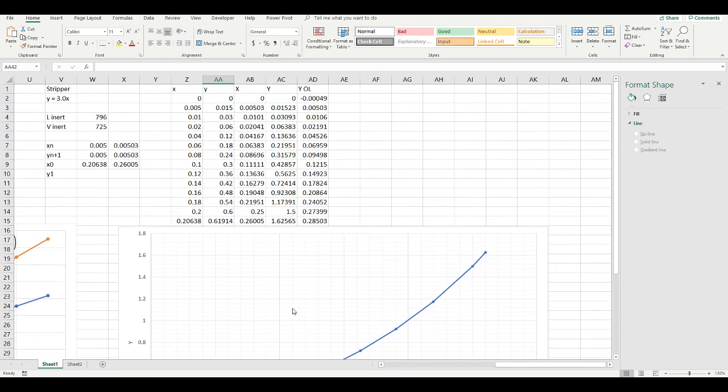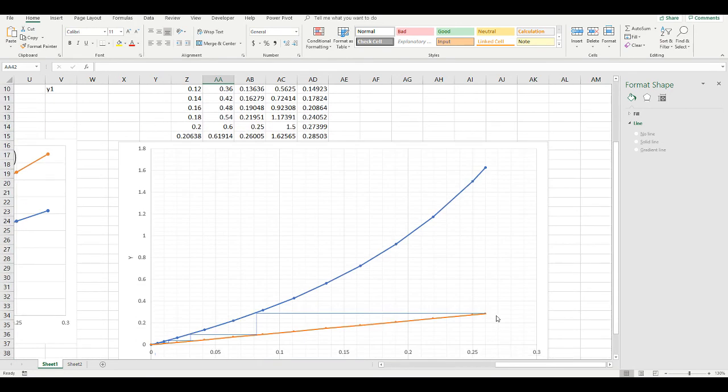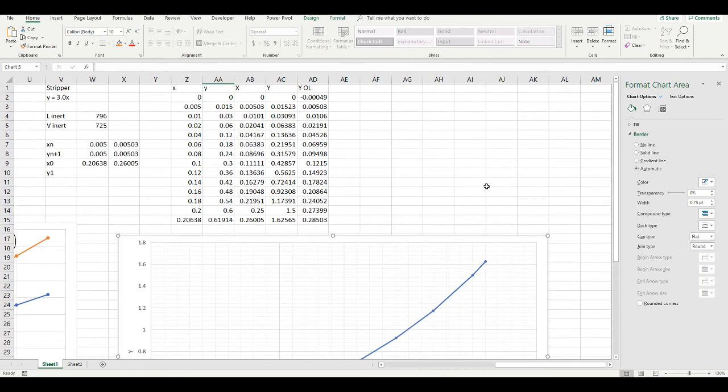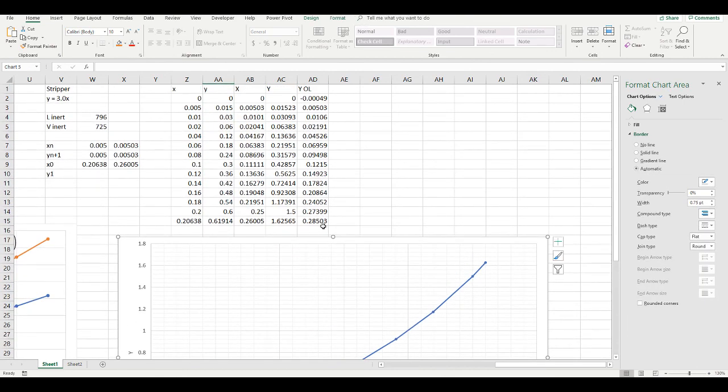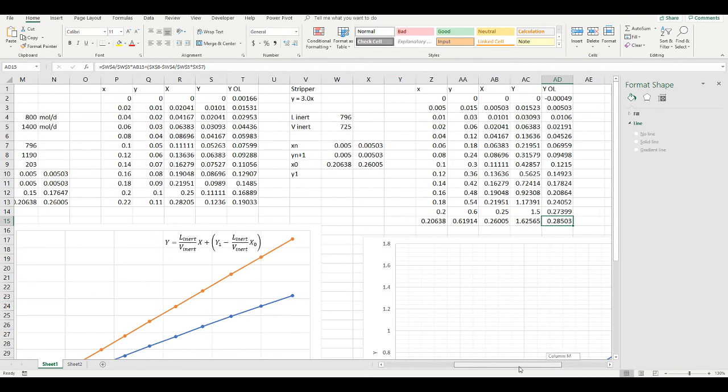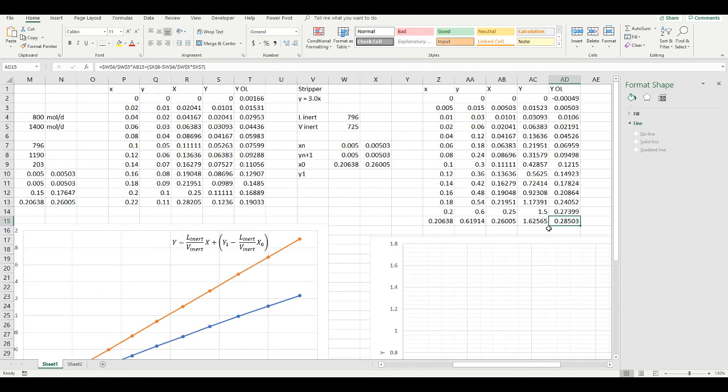So we can say that the final value is 725 moles per day, and y1 is going to be equal to the end of this operating line, which is 0.285. And that is our solution.